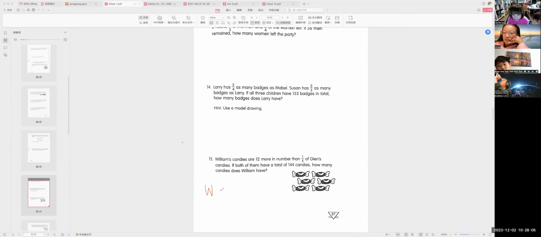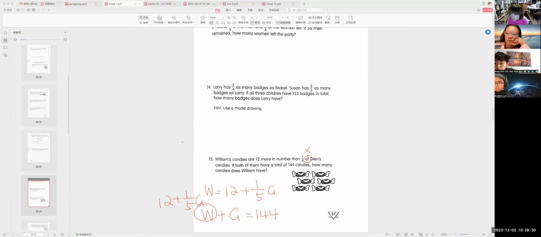So William equals 12 plus 1/5 of Glenn's. Remember, I said 'of' equals times, right? If both of them have a total of 144 candies, then William plus Glenn equals 144. I can replace W with 12 plus 1/5 Glenn.